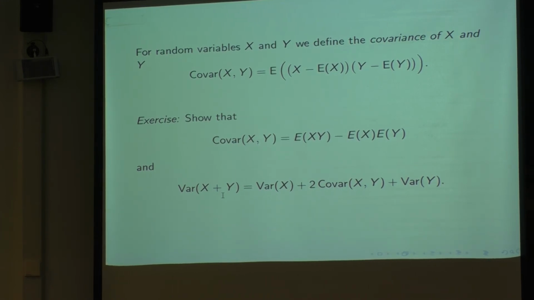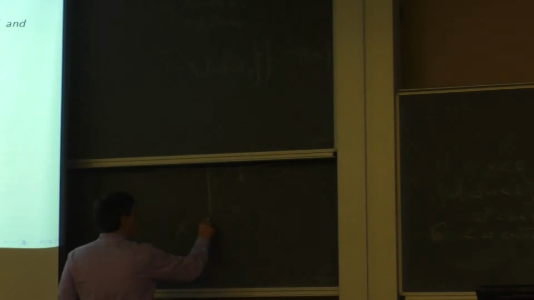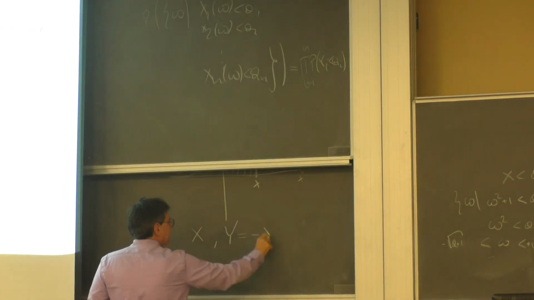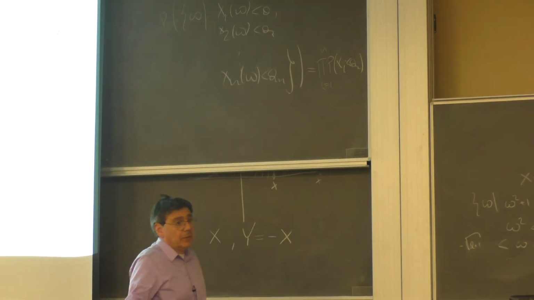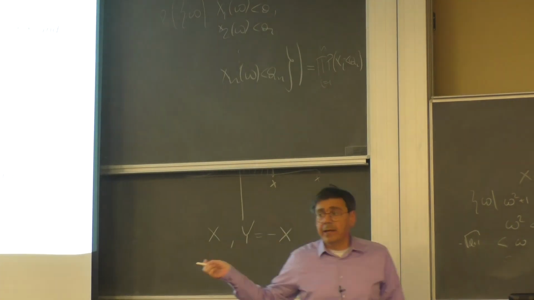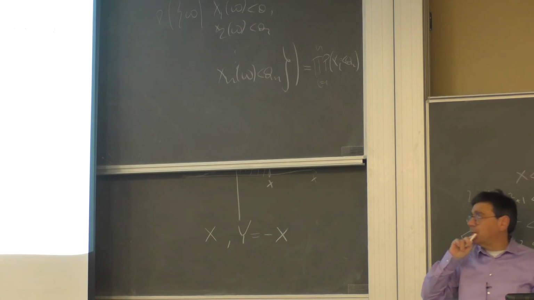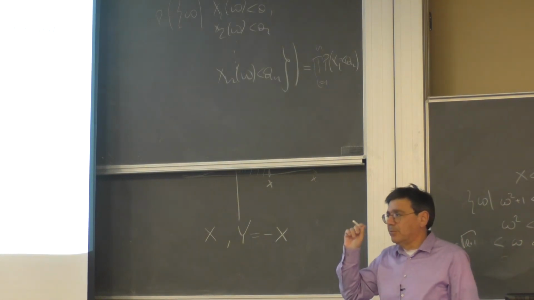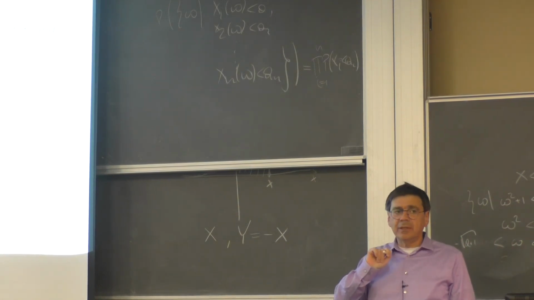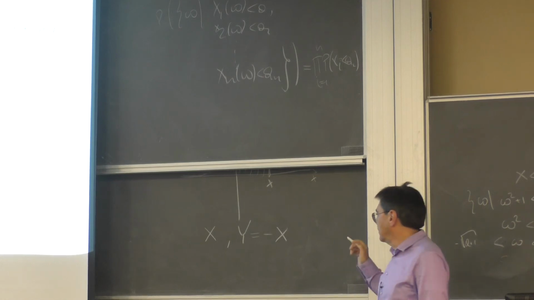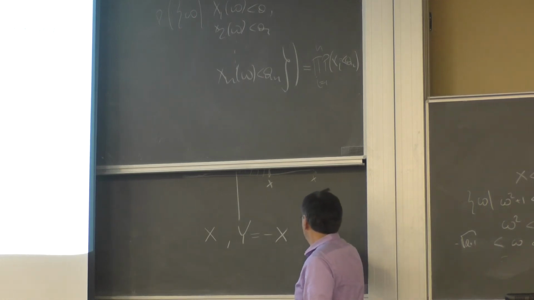For example, in one extreme, you can take the random variable x and the random variable y, which happens to be minus x, and then you look at x plus y, which is a random variable which is constantly 0, and you ask yourself what's the variance of a random variable which is constantly equal to 0, and that's going to be 0. So in this case, the variance of x plus y is 0.